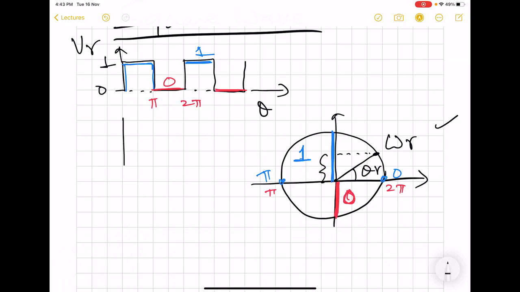The second way is that you take the sine wave, and whenever it is positive, you approximate it by 1, and whenever it is negative, you take it as 0. So this is another way of interpreting the square wave in terms of the sine function.